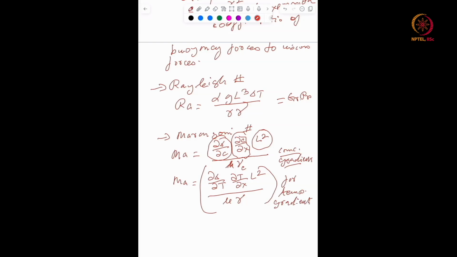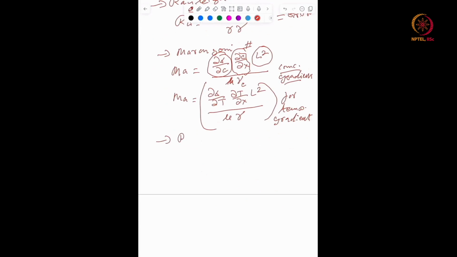All right. So then you actually have something called the Richardson number, Ri, which represents the ratio of potential energy associated with gravity and kinetic energy. Okay, so that is the Richardson number.